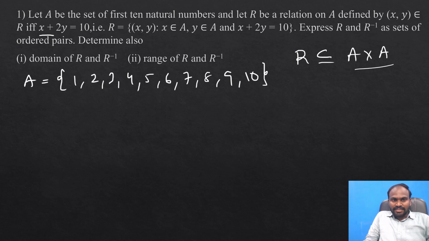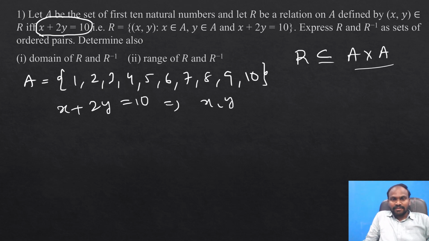You can see that the relation they have given is an equation: x plus 2y is equal to 10. From this we need to find (x, y) where x belongs to A and y also belongs to A. That means you should get x and y elements in A only.